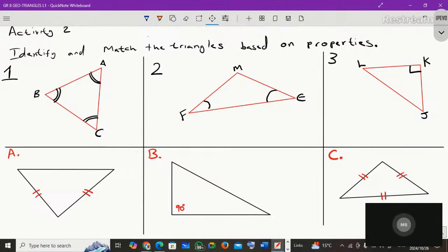You check what you are given, then you conclude based on what you are given. Okay. So I will also give you 1 minute on this one just to go through it.